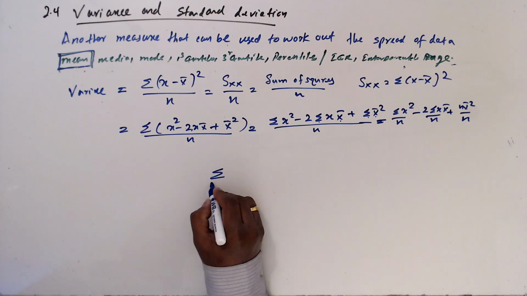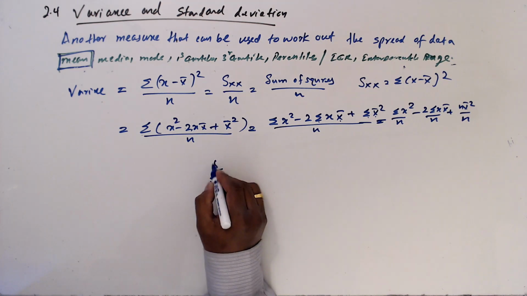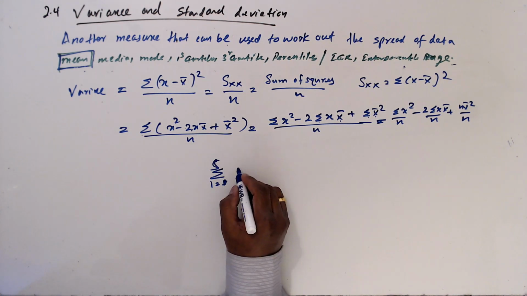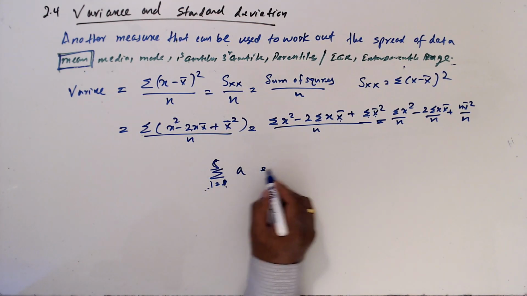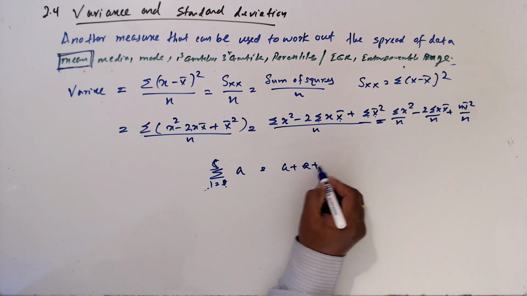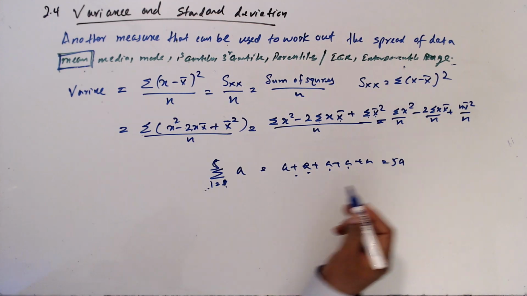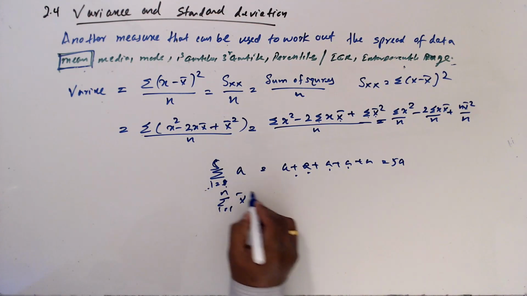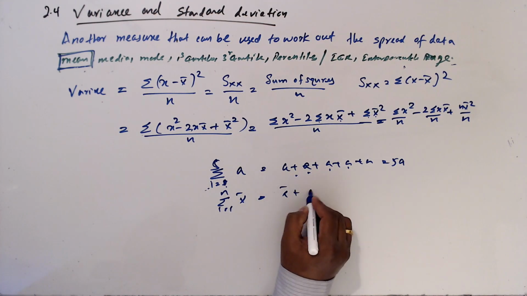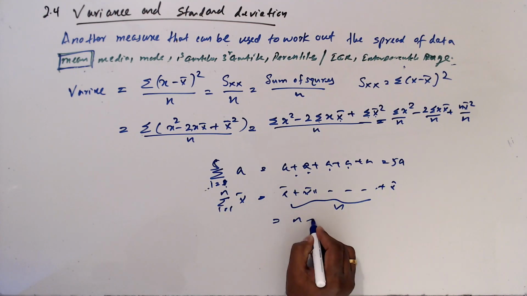Let's see, i equal 1 to 5, so let's say a, what is the meaning of this? 5 times a, you want to add a plus a plus a, 1 2 3 4 5, which is 5a. Now we are working with i equal 1 to n of x bar. Then you have to add x bar how many times? n times. That's why n x bar.